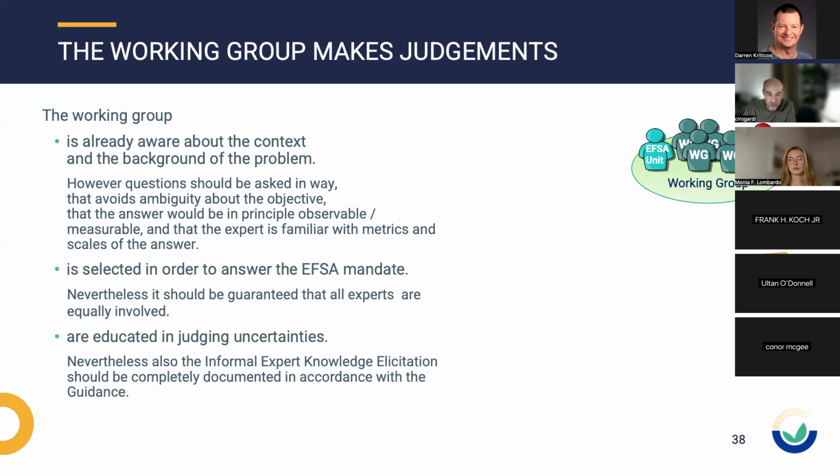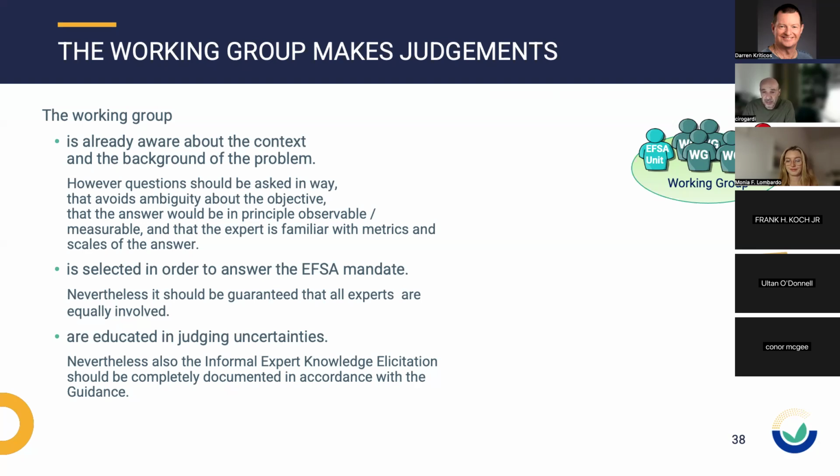The methodology of the EKE is run in a way that every member of the working group, when there is the elicitation, expresses his own value without being influenced by the others. Then there is a session where the values expressed by the individuals are discussed and a consensus is reached.